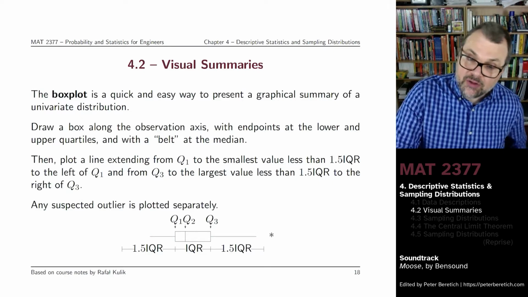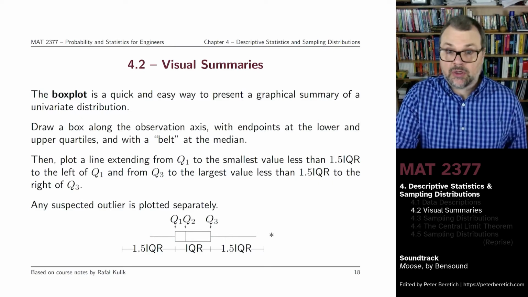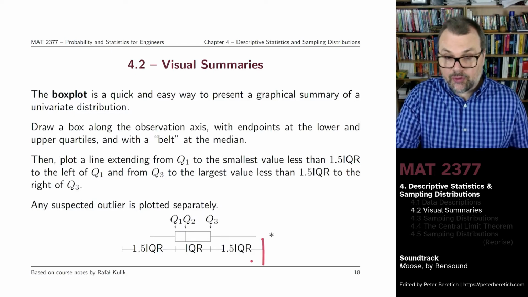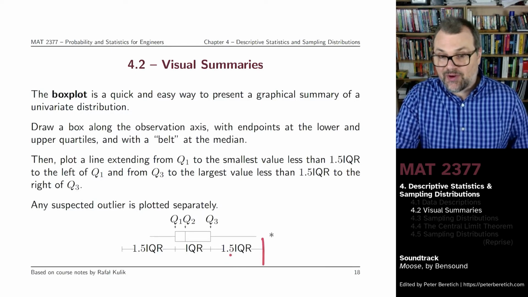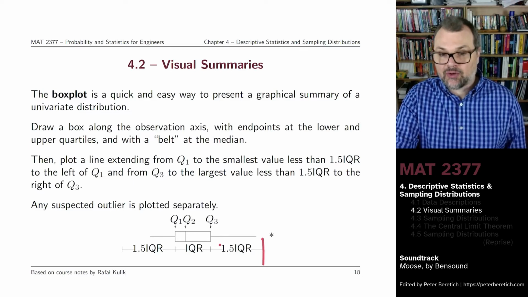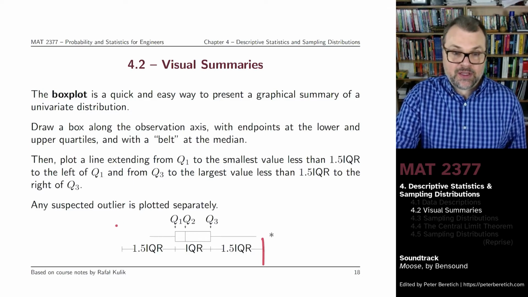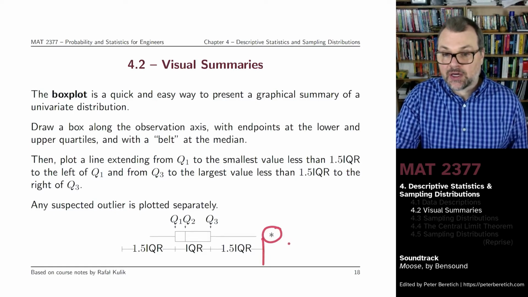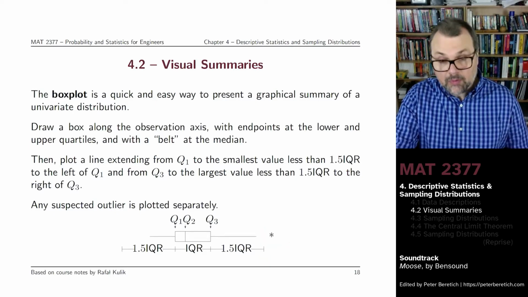There might be other values in your data set that are further away than 1.5 times the interquartile range from any of the endpoints. Those you would plot separately as stars or literal dots.